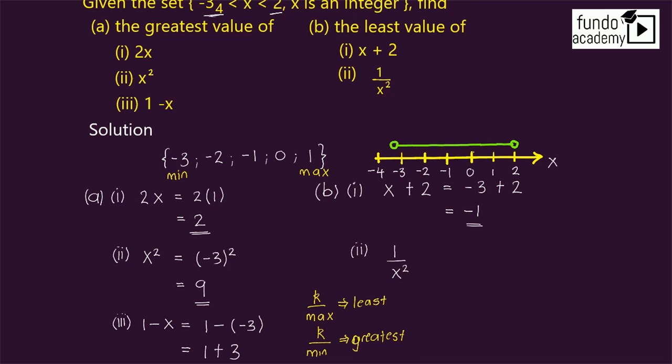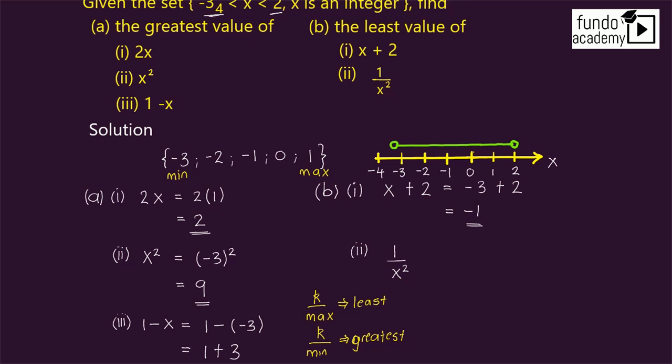So in our case, we want to find the least value of 1 over x squared. That means that in order for us to get the least value, we need the maximum value of x squared.